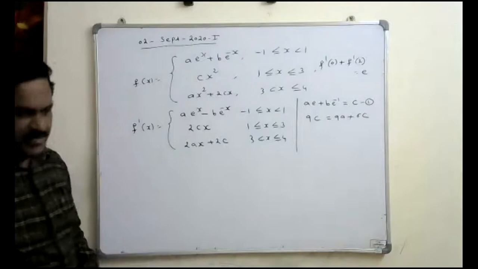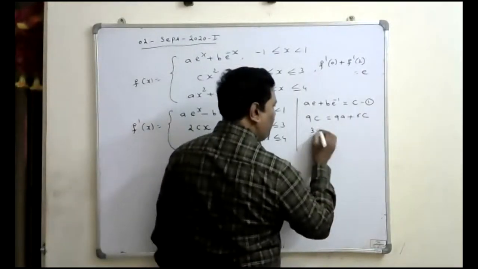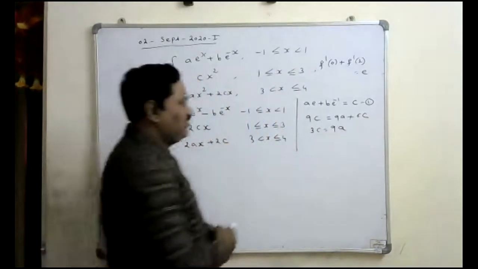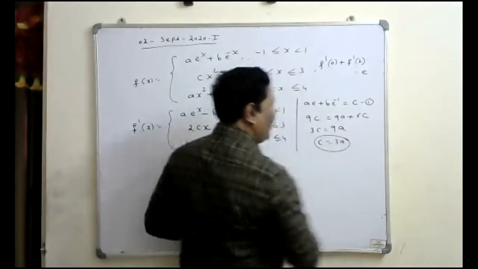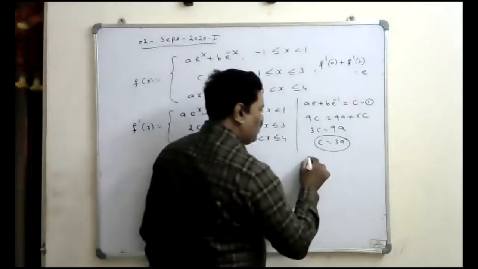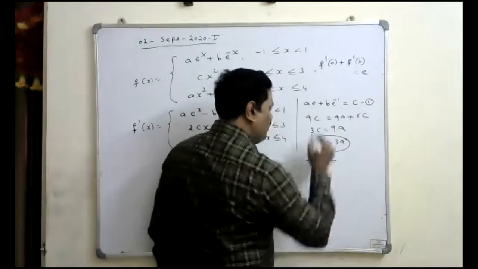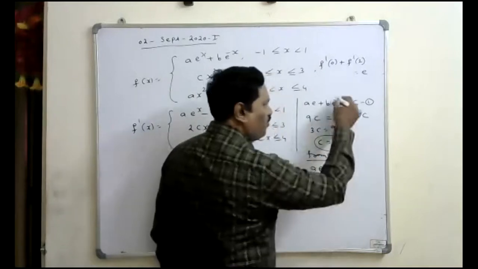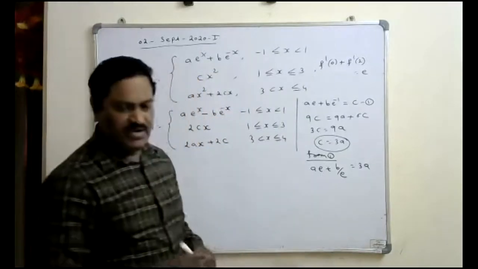Bring this 6c this side, then 3c is equal to 9a. Then c is equal to 3a. This is the value of c. Keep that c value in equation 1. Therefore, from equation 1, a e plus b by e, because e^(-1) means b by e, is equal to 3a. So this is the relation between a and b.